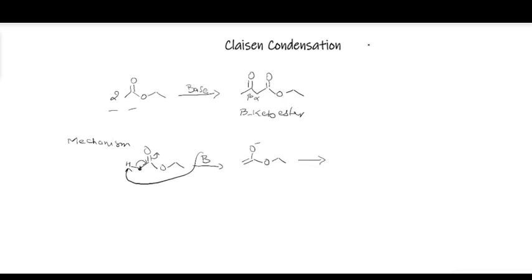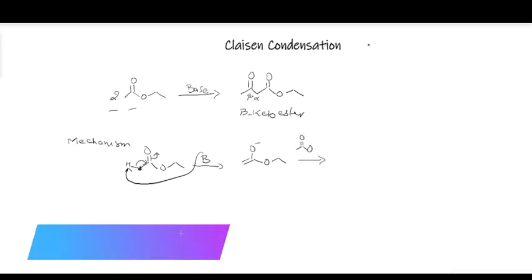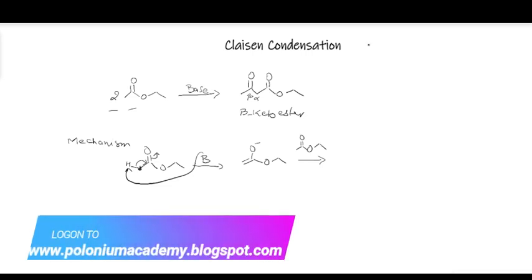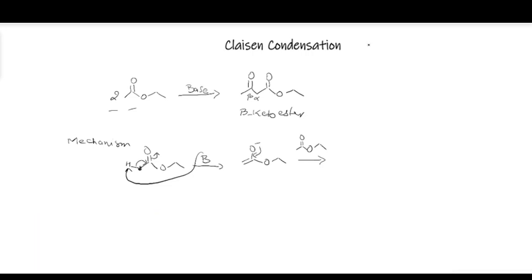This enolate is quite unstable, so it will collapse back, and as a result, it will react with another ester molecule present in the reaction mixture. It does so from its carbon, and it allows the removal of this alkoxide anion.